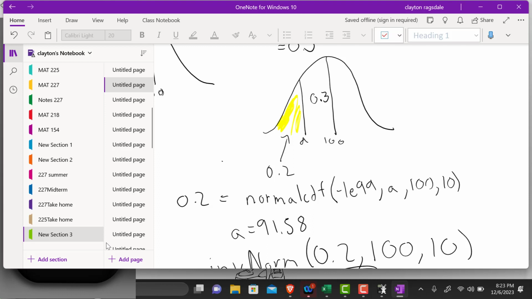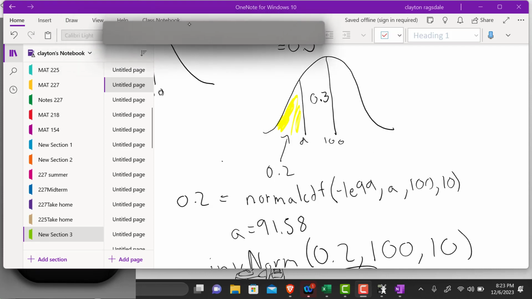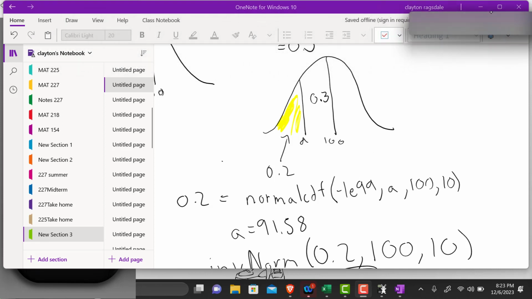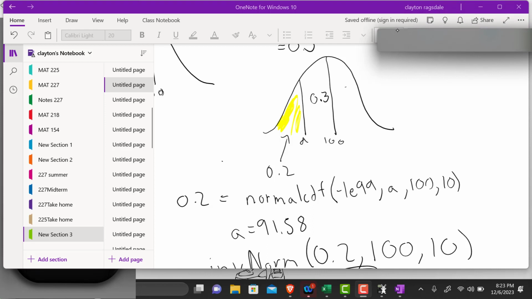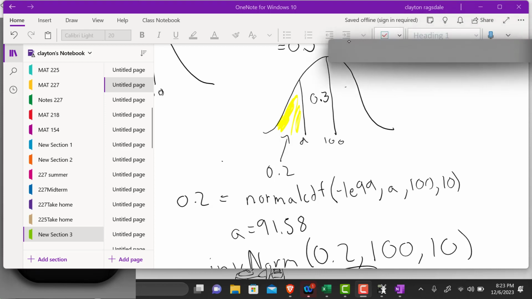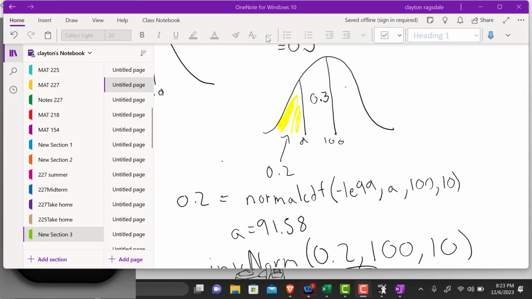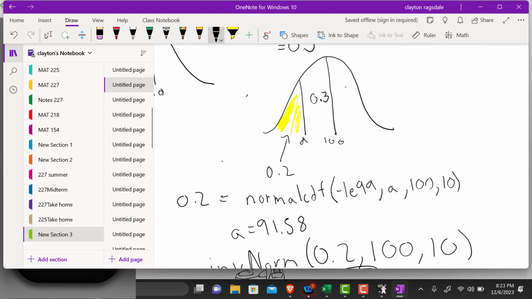Let me move this out of the way. Give me 1 second, I'm having an issue with the video editor here. Okay, so I apparently cannot read the problem.